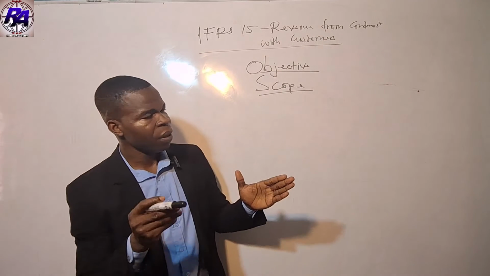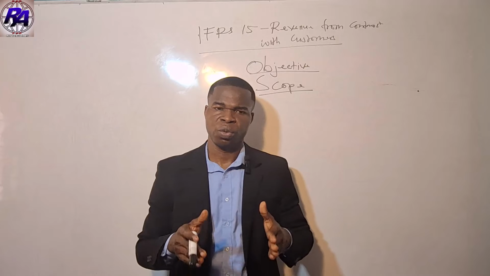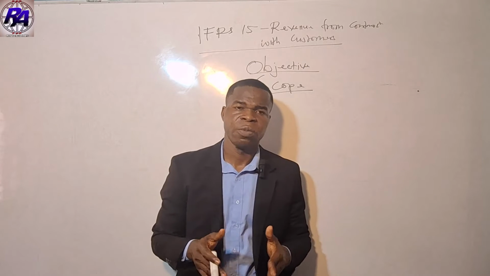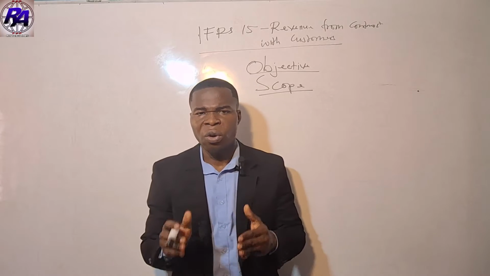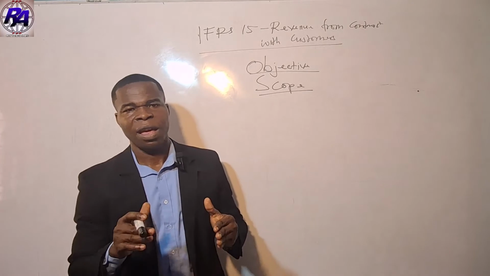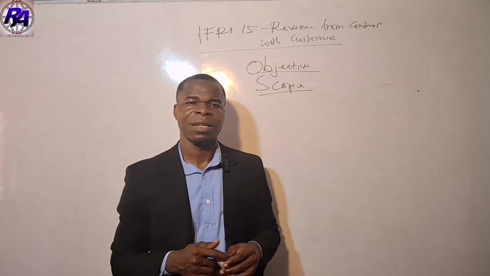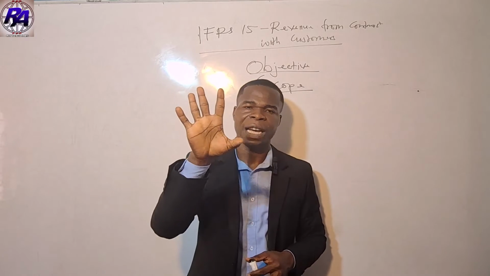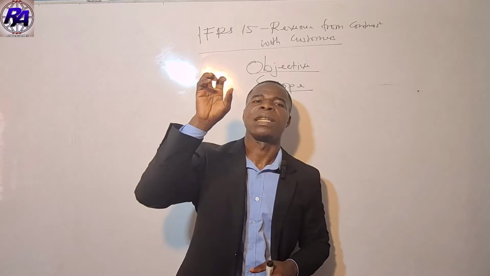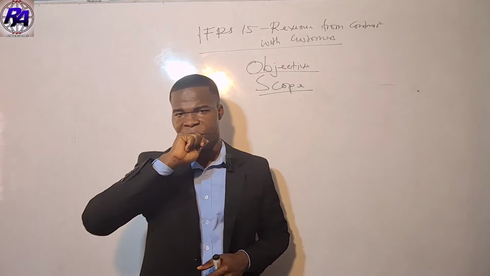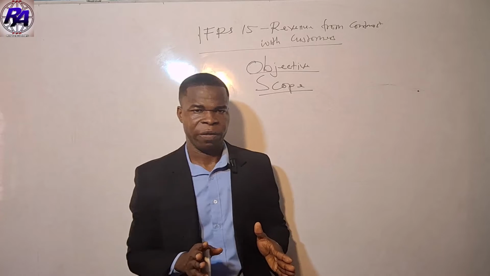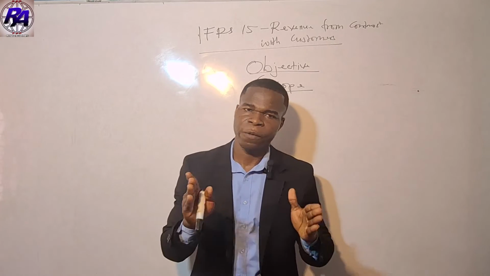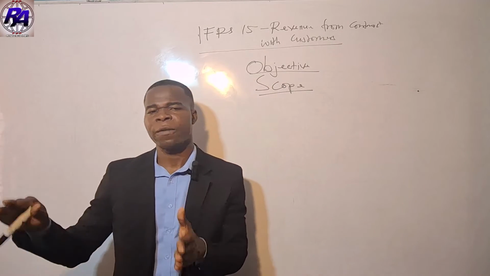Now, let's dive more into the detailed principles of IFRS 15. In recognizing revenue, the standard prescribes a 5-step approach. So we have 5 steps. If an entity wants to recognize revenue, the entity must follow all those 5 steps.